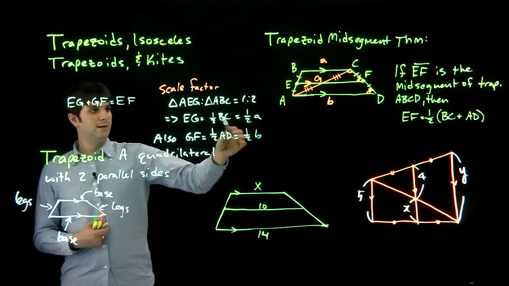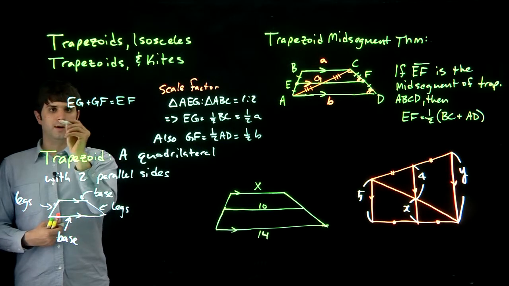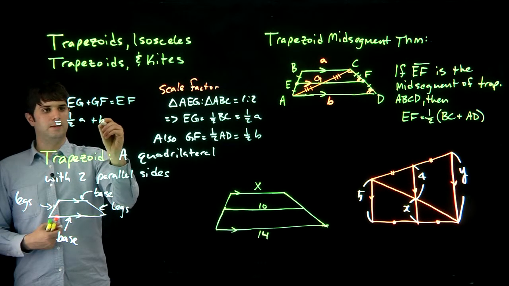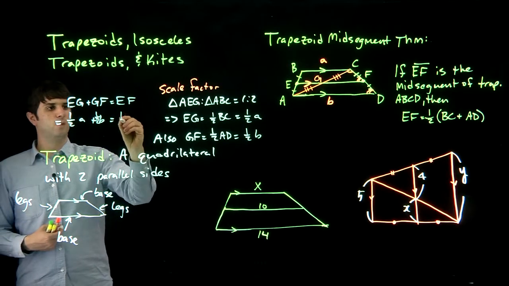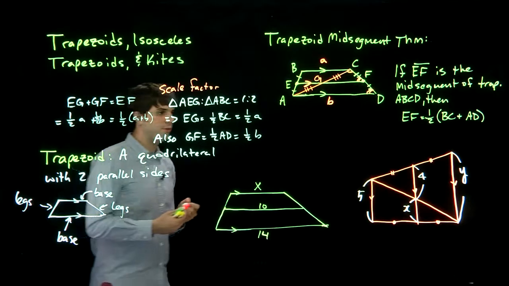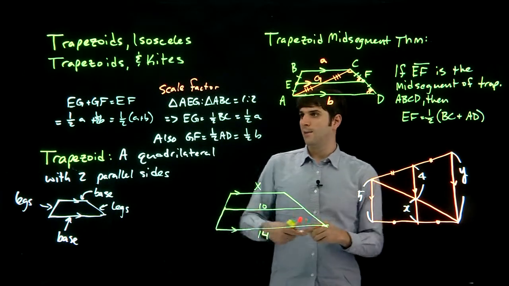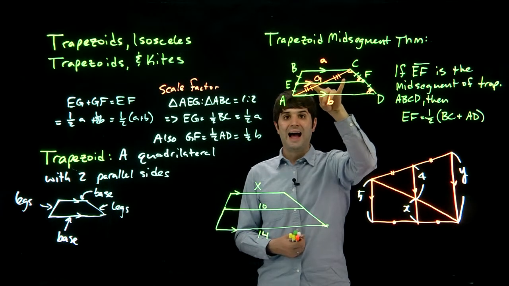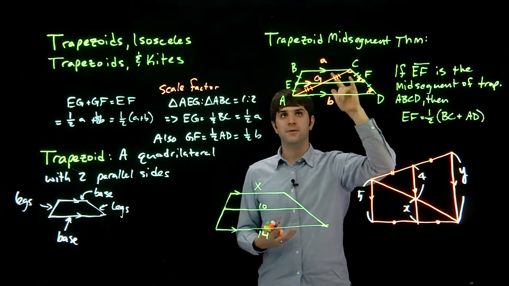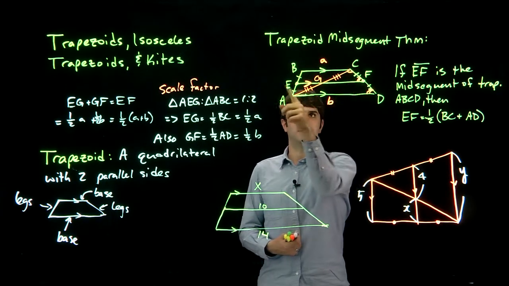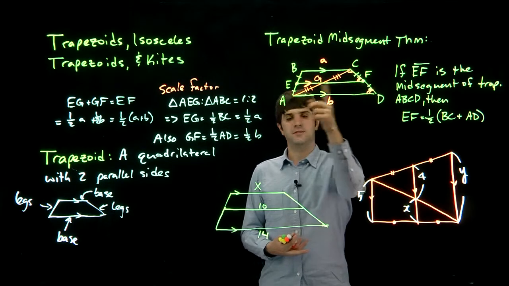We know that is equal to 1/2 A plus 1/2 B, which we can write as 1/2 (A plus B). And so this is proved, basically that this line is equal to half of the sum of the bases. So you add the bases, divide by 2, and that's going to be the distance of that midsegment.